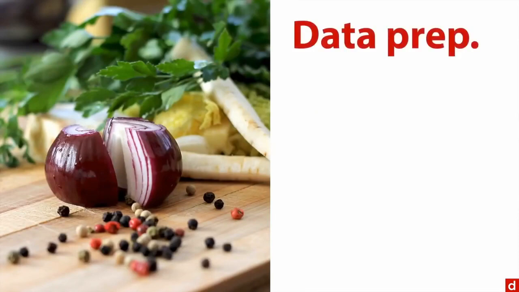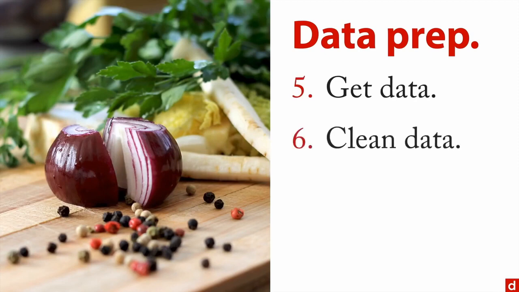Next is the data prep, where you're taking, like in food prep, the raw ingredients and getting them ready. First, of course, you need to get the data, and it can come from many different sources and be in many different formats. You need to clean the data, and the sad thing is this tends to be a very large part of any data science project, because you're bringing in unusual data from a lot of different places.